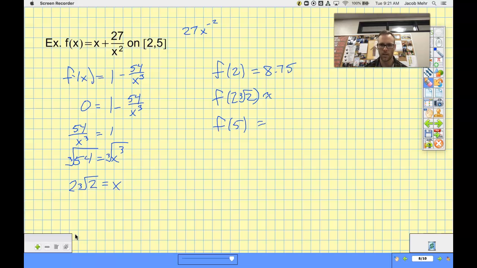I get, it doesn't look right. Let's try this again here. I think I'm typing something in my calculator wrong here.